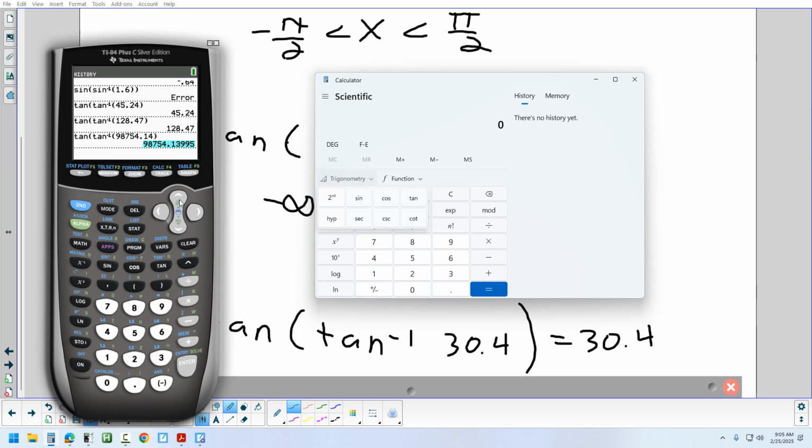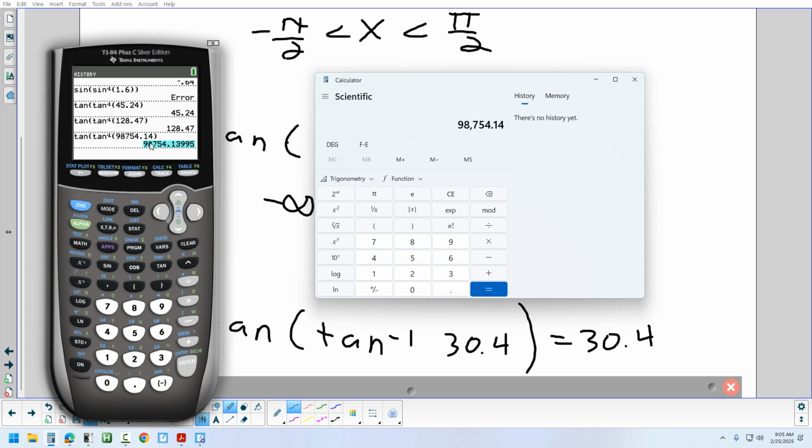I don't know if I can do it the same way, the tangent. Yeah, this calculator works like the scientific ones you've used all through math. You type it in the order you see it. The other calculator is backwards, so I have to type in everything in reverse, which makes it a little more complex.